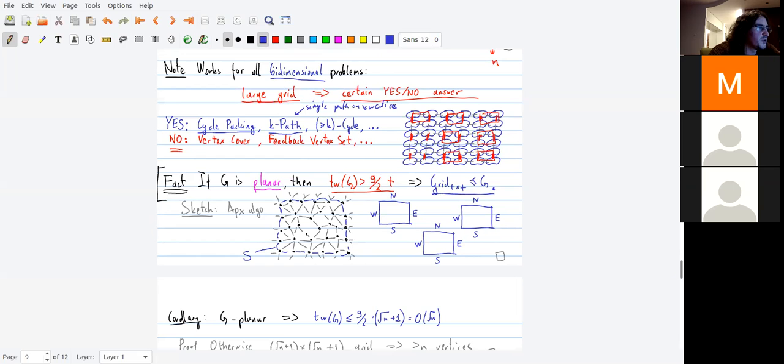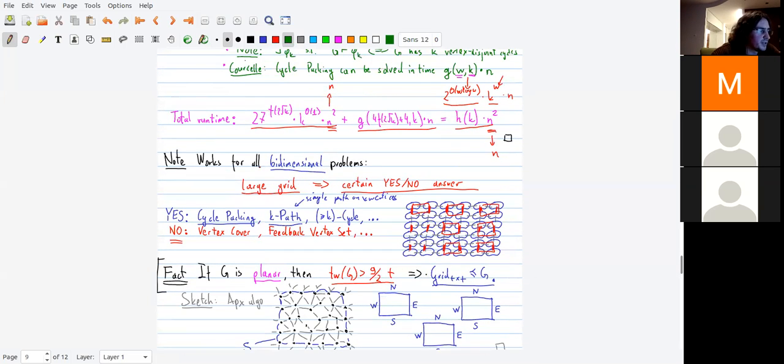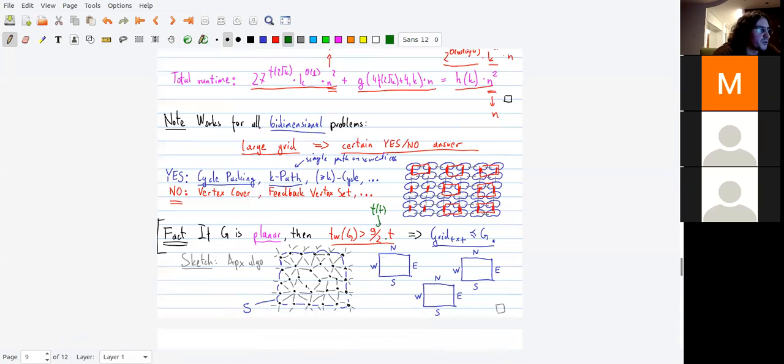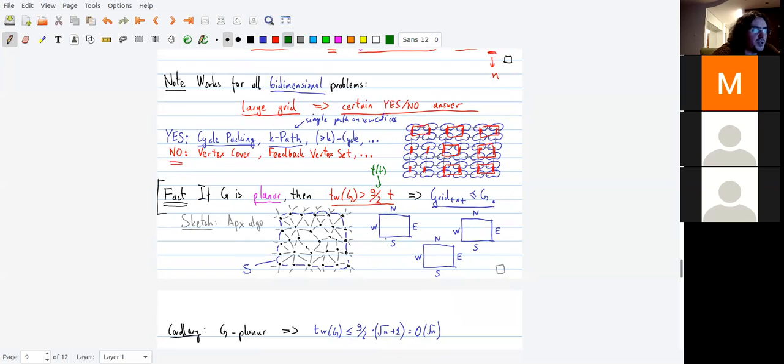Recall that in the grid minor theorem there was this f of t. So in planar graphs, the dependence between the grid minor and the treewidth is actually linear, and this will be important in a moment.